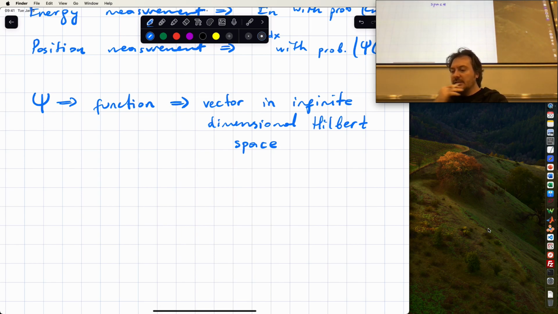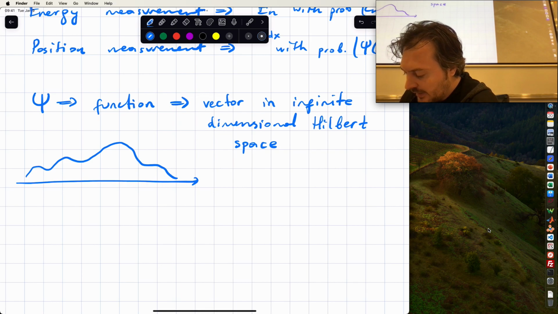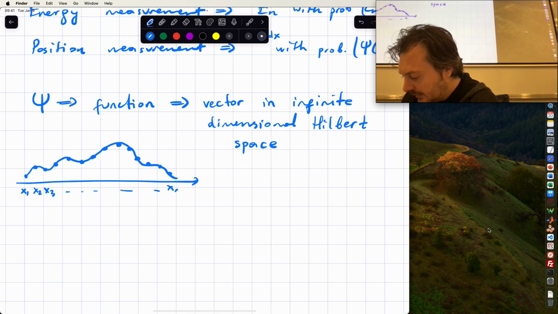Why do we say so? You remember, we can still think of it in finite terms as well. You have a function, you can still think of it as finite dimensional by putting it into a grid, x1, x2, x3, etc., xn.